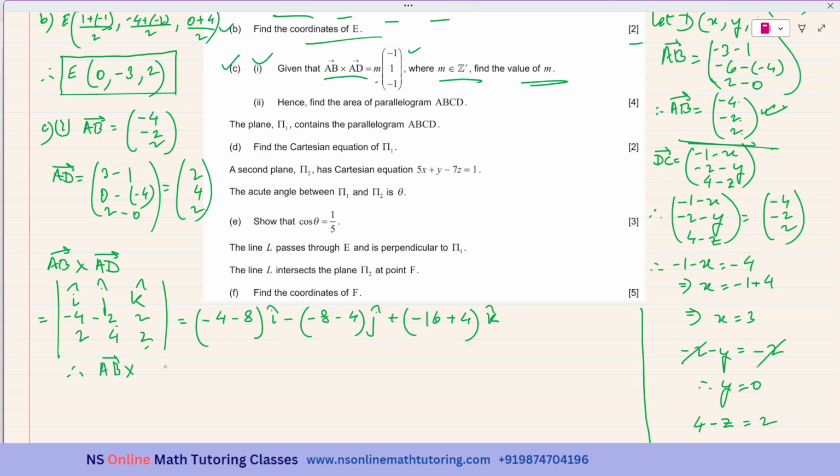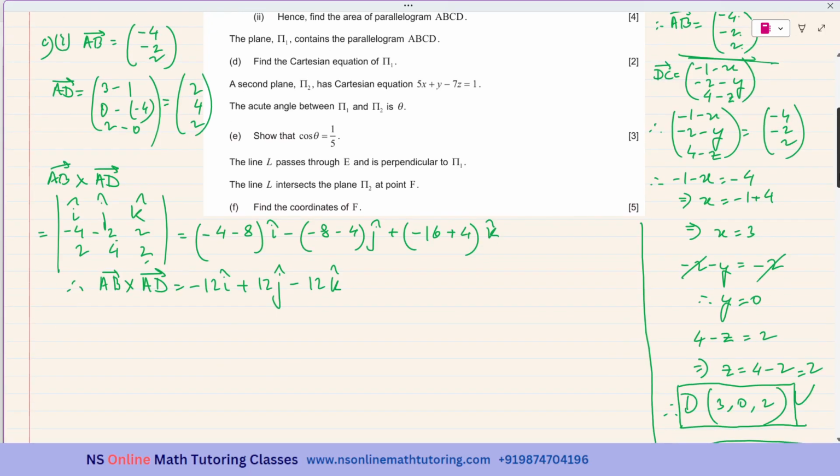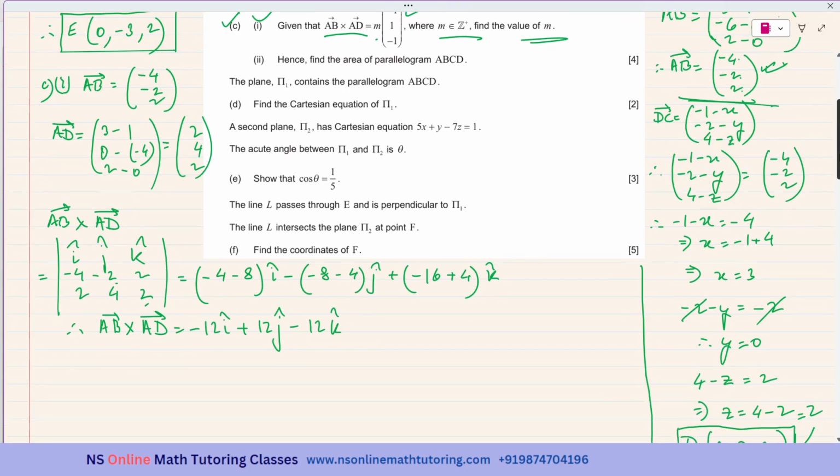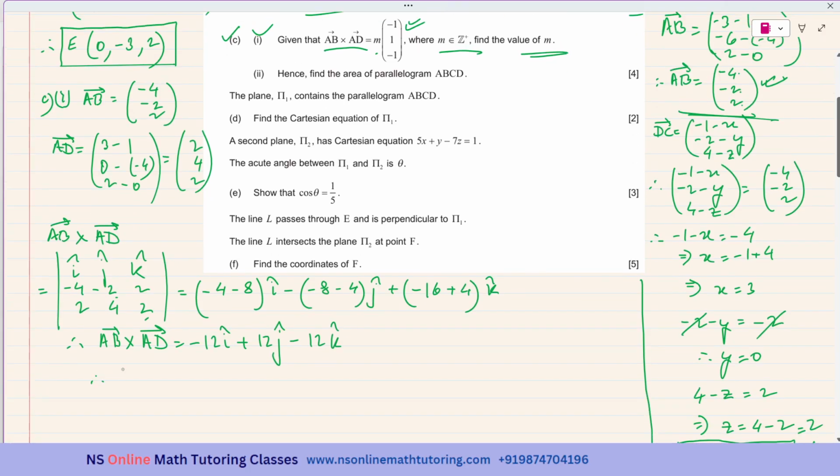So therefore AB cross AD is equal to -12i plus 12j and -12k, which can be written as a column vector because they have asked us to write it in this form.